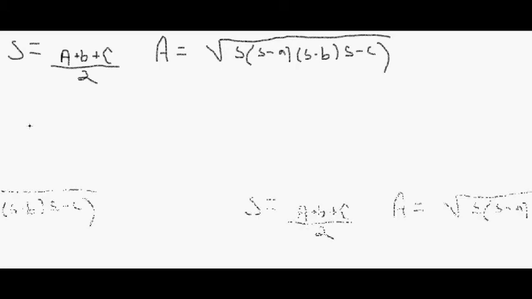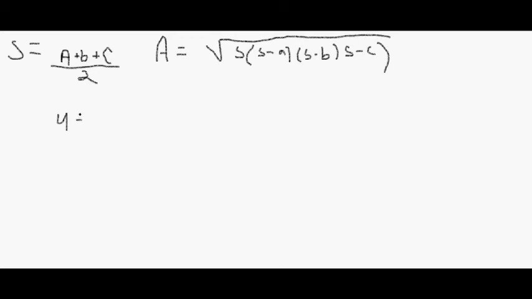Alright, now we have the following. For 67 to 68, we have 4 plus 6 plus 8 over 2. 4 plus 6 is 10, 10 plus 8 is 18, 18 over 2 is 9. So S equals 9. Now to find the area.